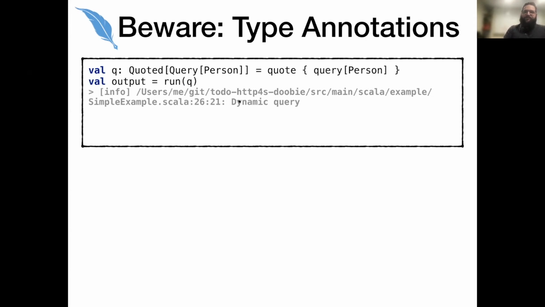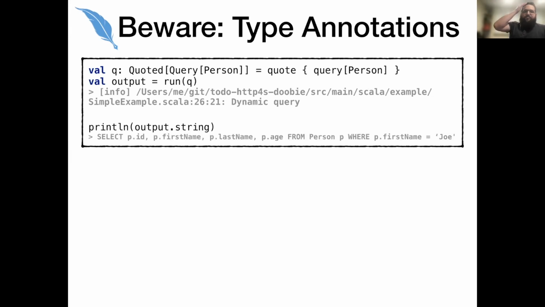And the problem is that, well, you can, but it will become a dynamic query. We will not know what this is at compile time, because we don't have type refinements on this variable that allow us to actually know what it's going to be at compile time. This is a limitation of Scala 2.